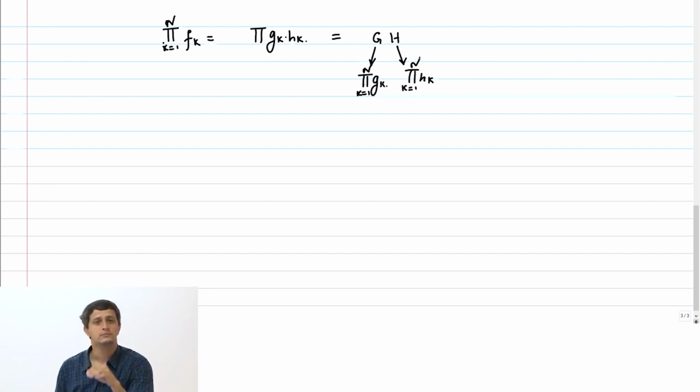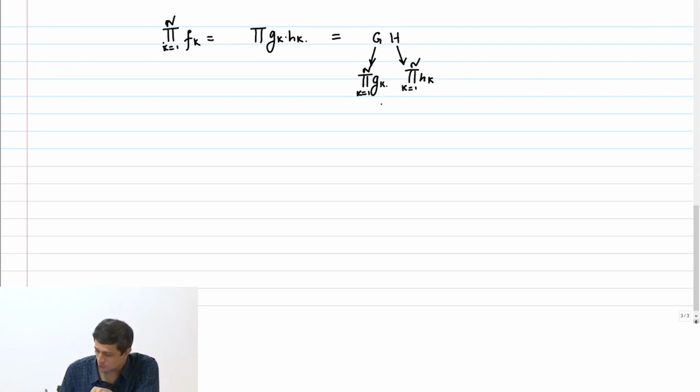So I am going to now write this as a product of G into H, where G is the product of gk, k equals 1 to N, and H is the product of hk.